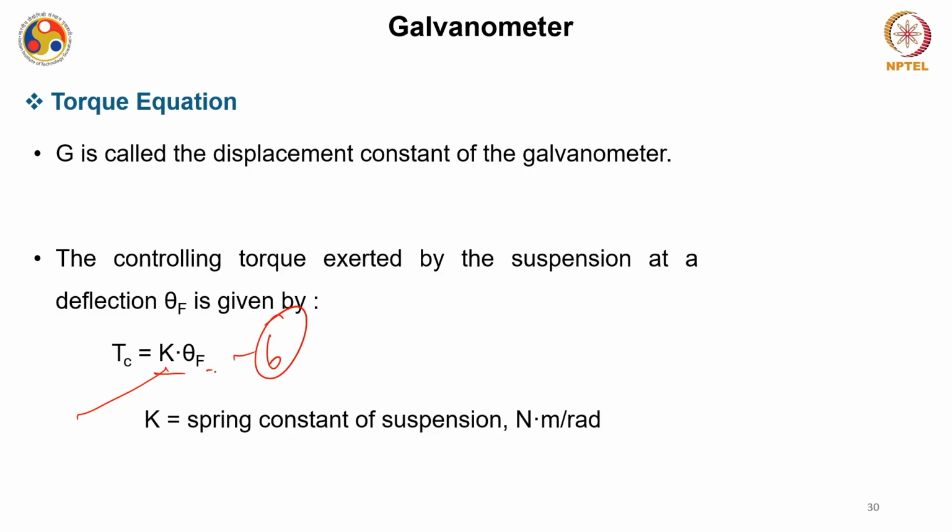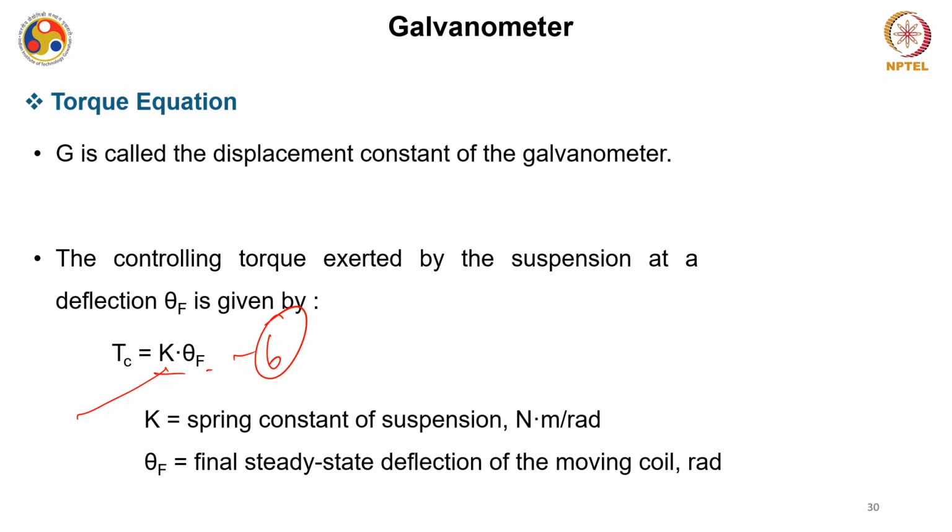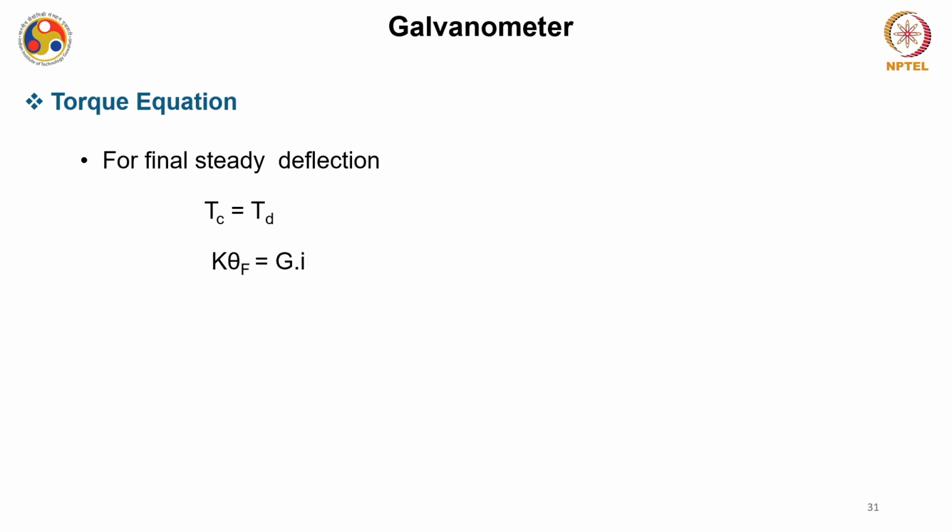Equation 5 is for the deflecting torque, and equation 6 is for the controlling torque, and theta f in this case is the final steady state deflection of the moving coil, in radians.